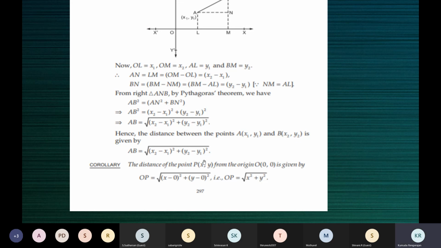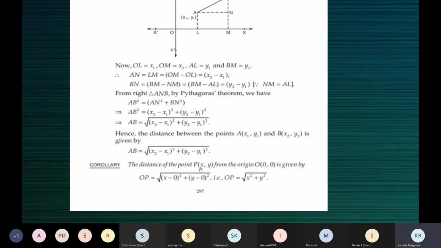The distance of any point. So supposing P is given by minus 1, minus 2. The distance of the point P given by the coordinates minus 1, minus 2 from the origin is, again, OP is equal to square root of x square plus y square.